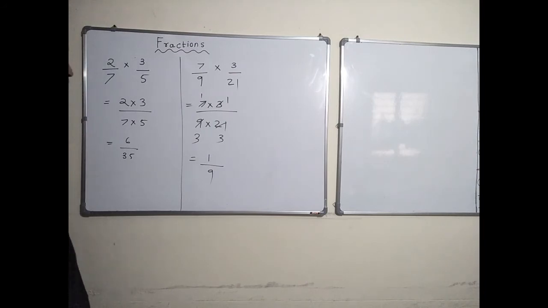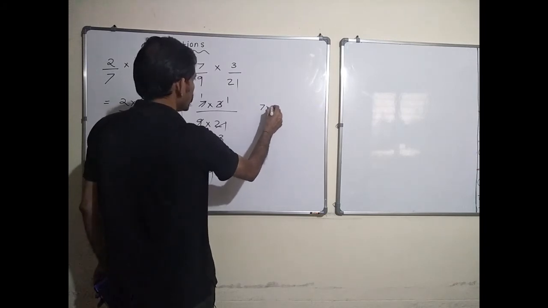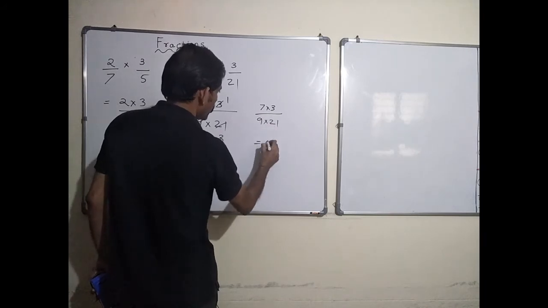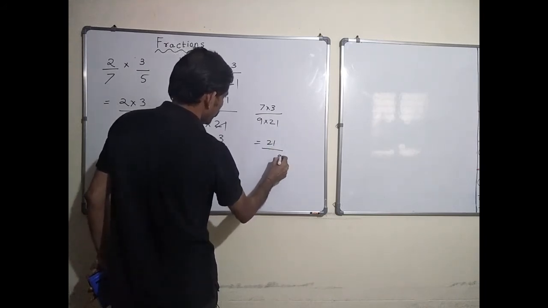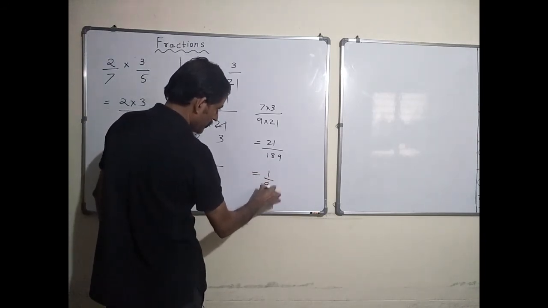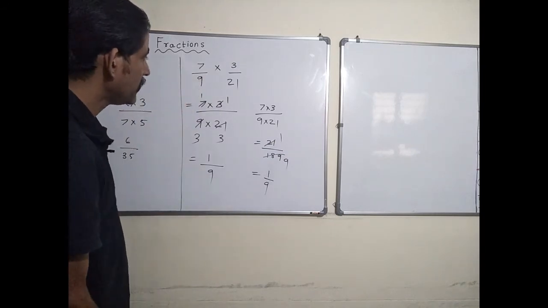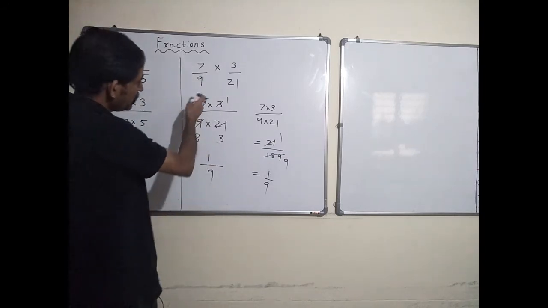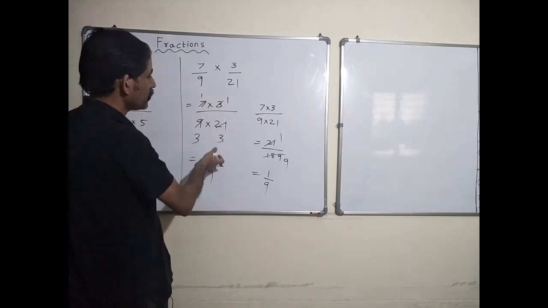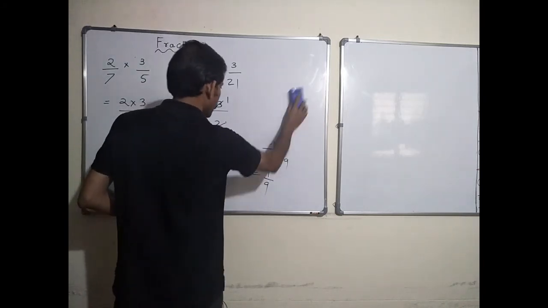Even if you don't cancel this way, you can multiply and not cancel. 21 1s are 21, 21 9s are 189, which is nothing but 1 by 9 only. The answer is the same. So I suggest you cancel whatever is common in numerator and denominator so that you don't have to multiply big numbers. Okay, all right, good. Now let's take a look at division.